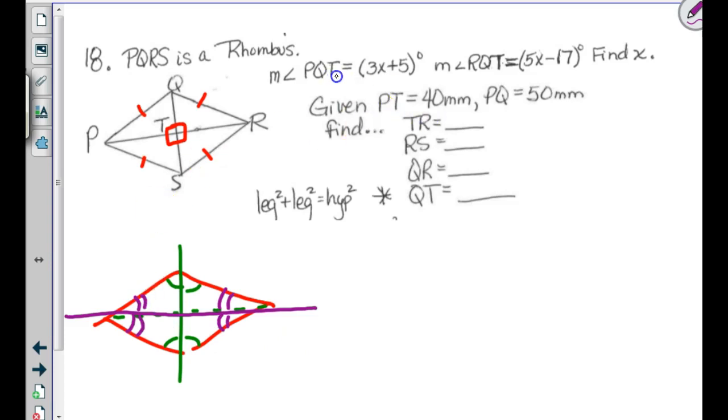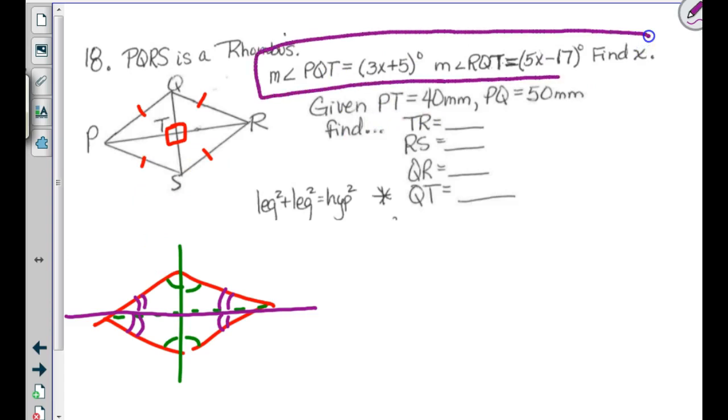So what do we have? First it says find x. That's right up here. And it's talking about angle PQT, which is up here, and RQT, which is the other half over here. So these are equal.